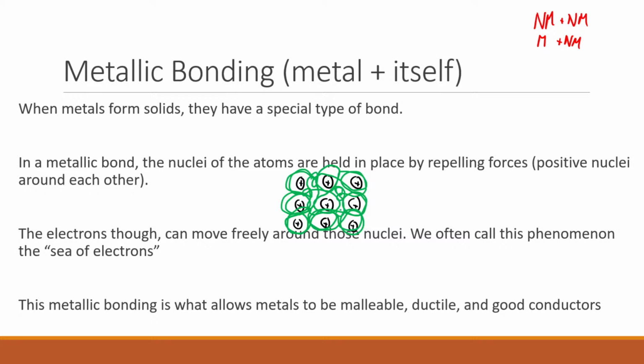And that leads to some really neat properties. This is what allows metals to change shape, become wires, and be good conductors of electricity. Let's look at this in a little bit more detail. Let's get a clearer picture up.